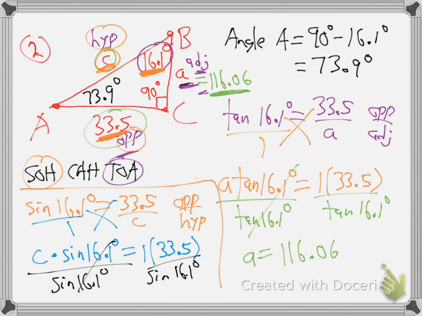Boom. So C equals whatever your calculator says. The calculator always knows best. Let's see, sine of 16.1. I'm getting 120.8. Oh, no, we need 2 places, huh? 120.80. And we're done. Is that good?